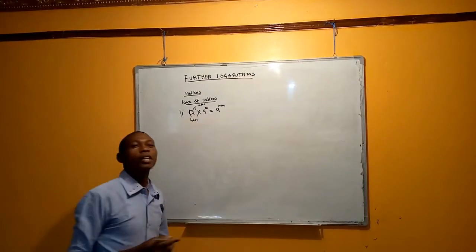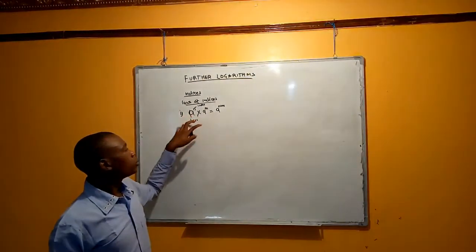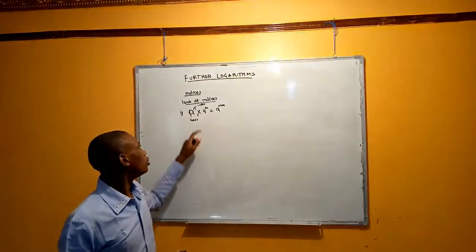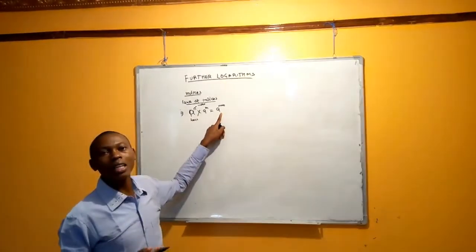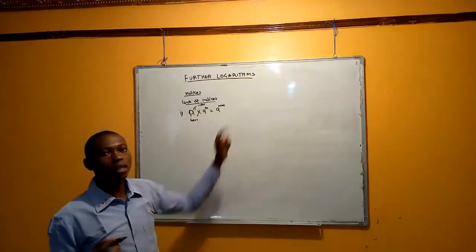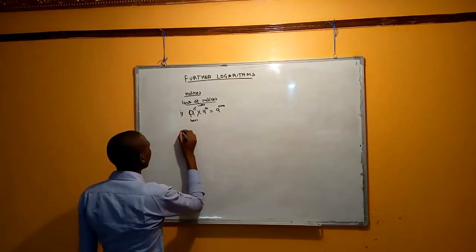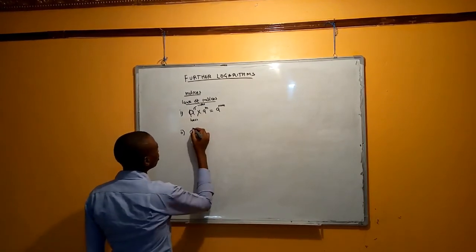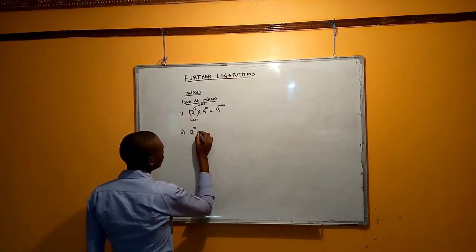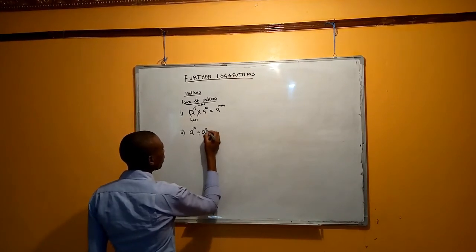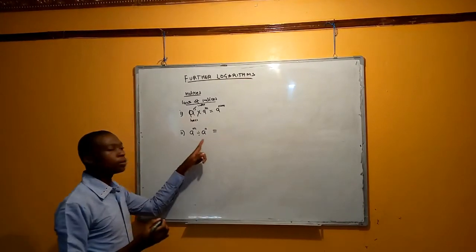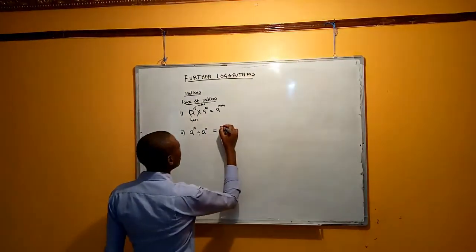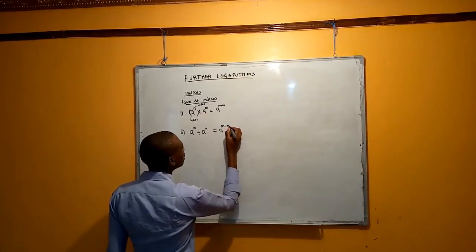So when you multiply two numbers with the same base but different powers, you simply factor out the common base, then you add the two powers. The second law: if you have a raised to power m, divided by a raised to power n, again because we have the same base, you factor out the common base, then you get the difference between the powers.